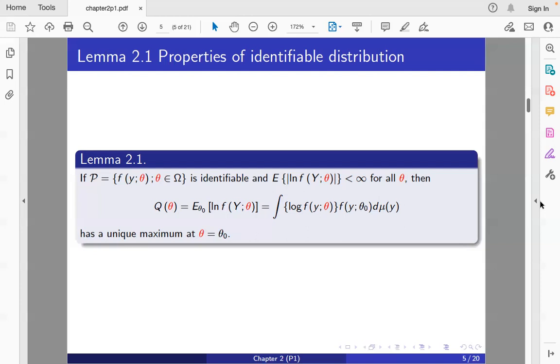For a fixed parameter, we can compute the expectation, and theta is the unknown one that we vary. Viewed as a function of theta, it takes the maximum at theta null, and that is unique.